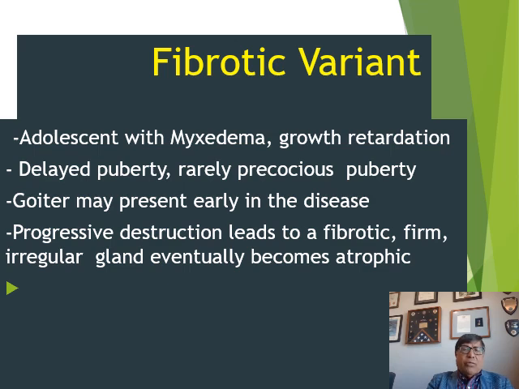So the fibrotic variant is also seen in adolescents, not only in juveniles less than 12 years of age. Although the majority of them will present with goiter, some of them may have fibrotic variants, especially if they have HLA DR5.